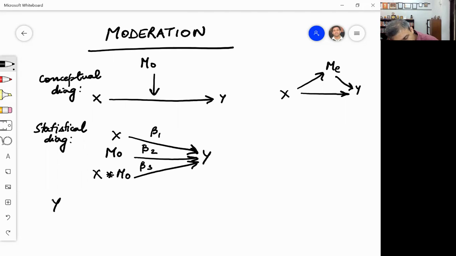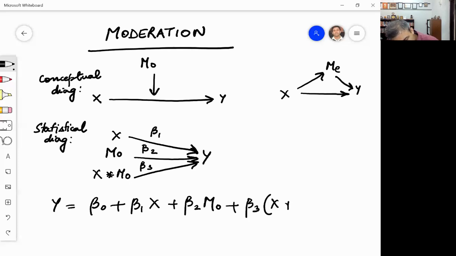So when you write the equation, it becomes constant plus beta 1 times X, plus beta 2 times moderator, plus beta 3 times X into the moderator, plus the error of Y.